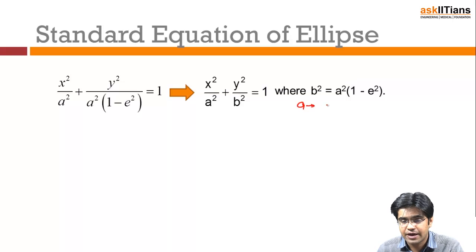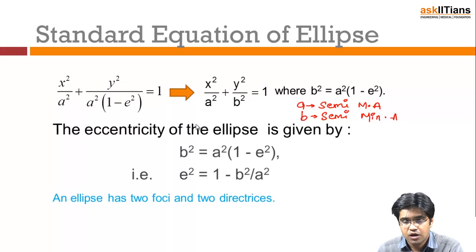What is a? a is the length of the semi-major axis. What is b? b is the length of the semi-minor axis.